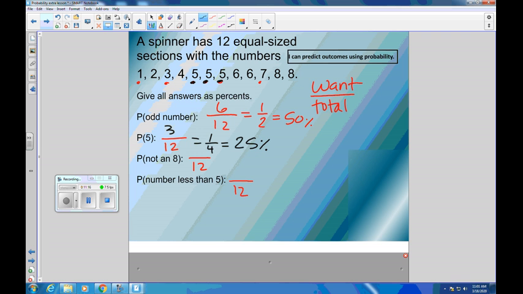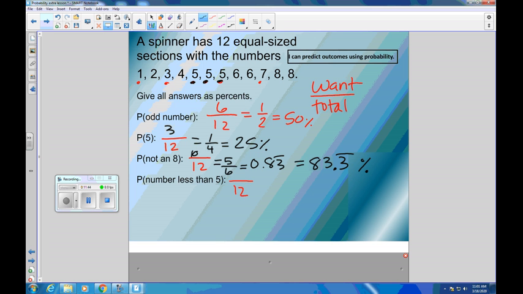The probability of not an 8, well, if there's 12 total and there's 2 8s, that means 10 of them are not an 8. 10 out of 12 is 5 out of 6. To figure out what that is as a percent, I take 5 divided by 6, and I get 0.83 repeating, which as a percent is 83.3 repeating percent.